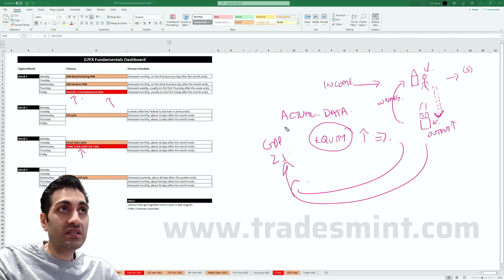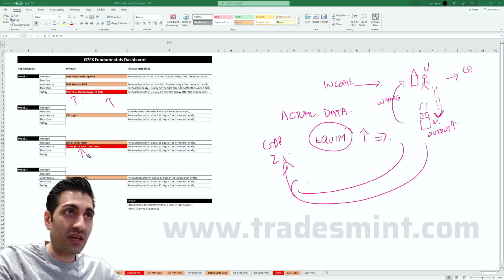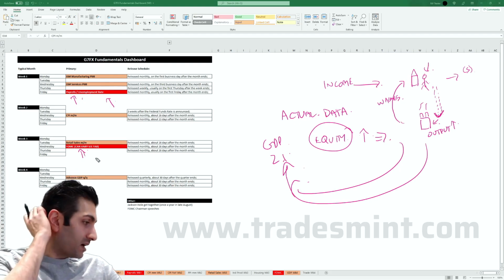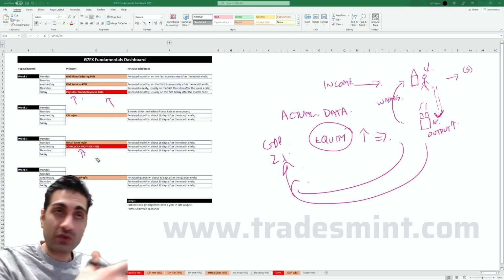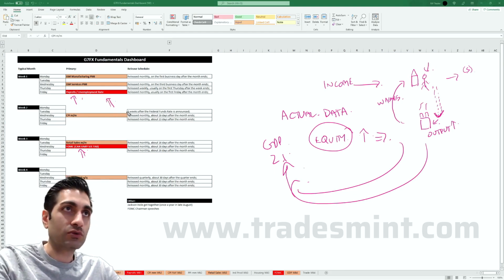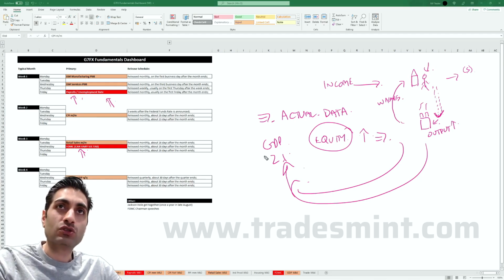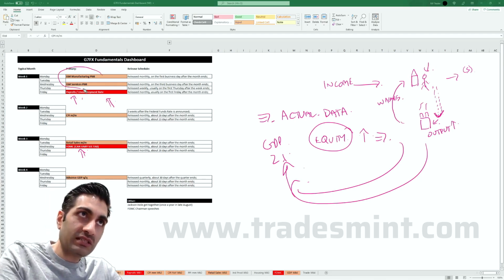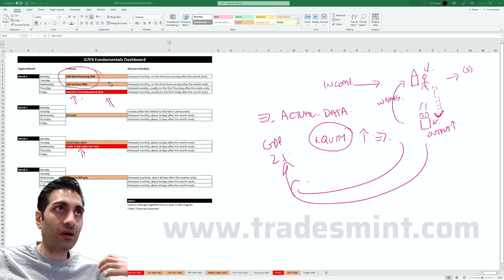Can you see how the Federal Reserve has a lot of influence in what is going on? And the reason I'm mentioning this to you is because the FOMC ultimately has a dual mandate, which we're going to talk about in a second. And that's why unemployment is so important. And they're looking really at actual data. Obviously, the survey data is nice because it's nice and early in the month. It's great for them.